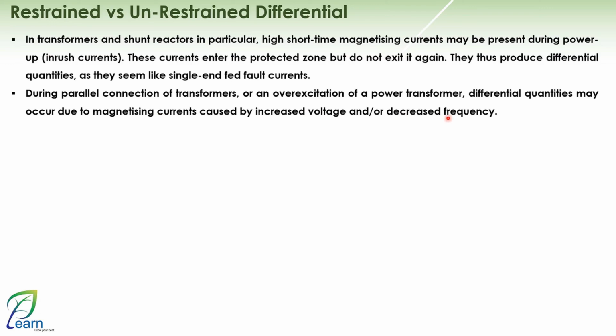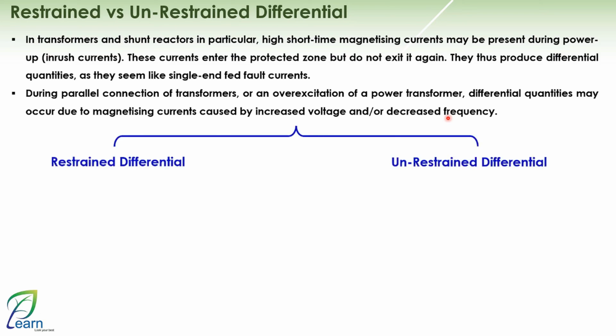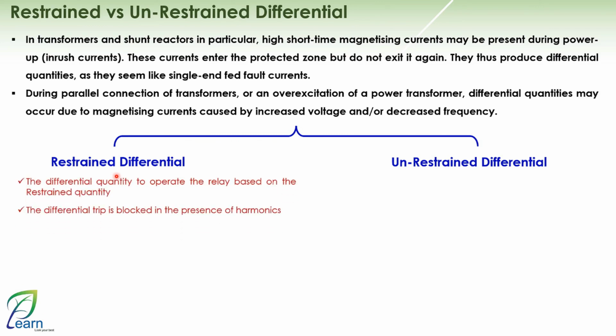Alright, so here we can say that the restrained differential, which was represented by the differential minimum, slope 1 and slope 2, has these properties. Number 1, its differential quantity operates based on the restrained quantity. What does that mean? It means that as the value of the restraint changes, the value of the differential changes as well.